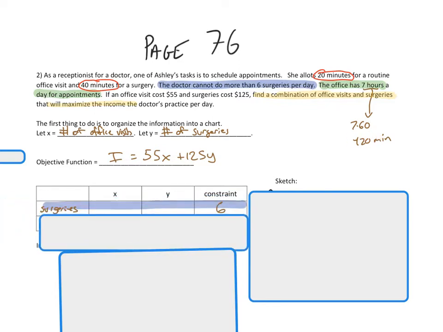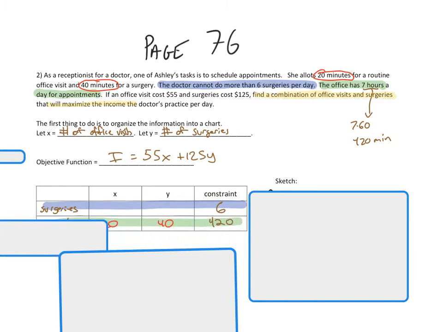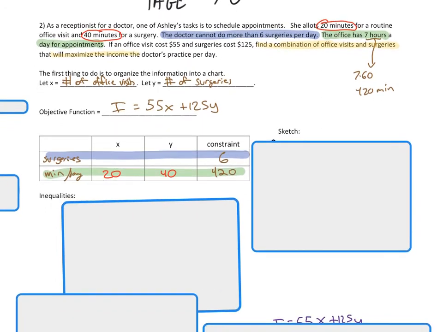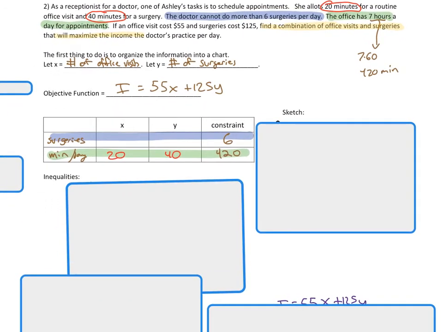So our constraint is 420 minutes. For surgeries, the constraint is just 6. And then minutes a day, you could just call it time, is 20 minutes for every office visit and 40 minutes for every surgery. That's Y, right? And we know that that's constrained by 420 minutes total. So we can then create our inequalities using that.